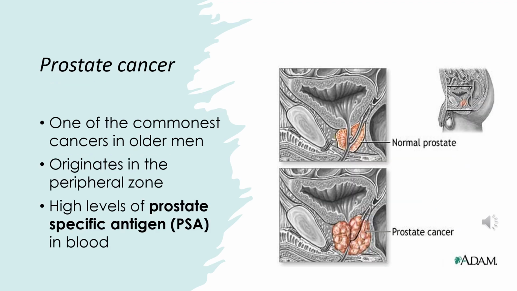Coming to prostatic cancer or prostatic carcinoma, it also usually occurs after the age of 50 years. The carcinoma is commonly found in the peripheral or the outer zone, which usually involves the posterior lobe.